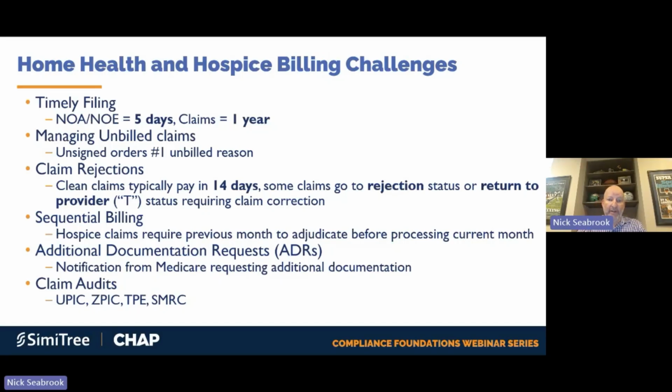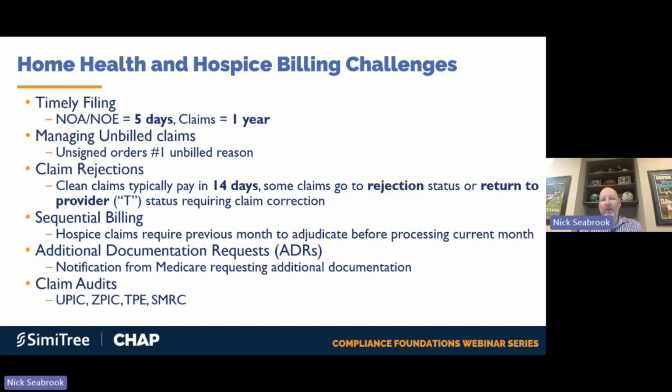So ADRs is again another area of challenge for agencies, and the biggest challenge I would say with ADRs is that it's holding up your claim payment, right? So from a cash flow standpoint, I'm always thinking on the money side. If they're sitting out there in ADR, chances are they're not going to be getting paid for months at a time, and that could significantly delay cash flow, and you don't want to be in a situation like that.